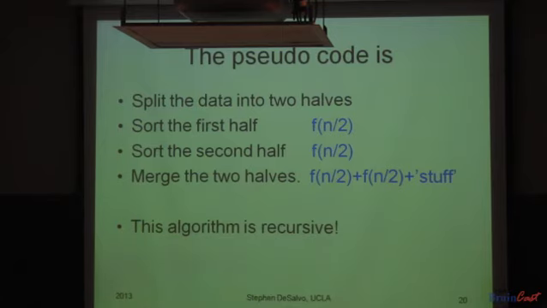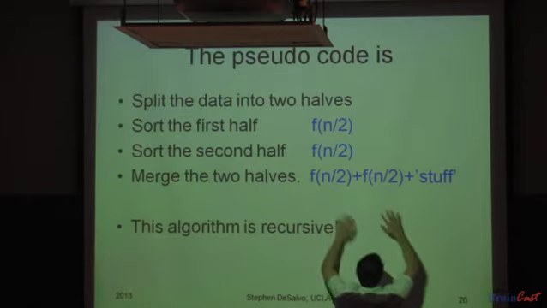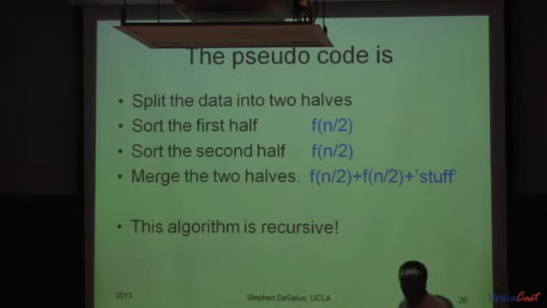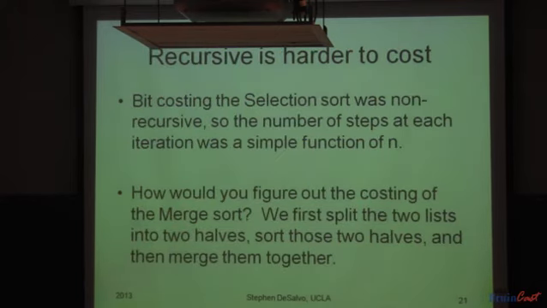How do the pieces fit back together? They fit back together by taking each of the smaller halves and then merging them back together. We saw how to do that. That is a recursive solution. But this is harder to cost, right?